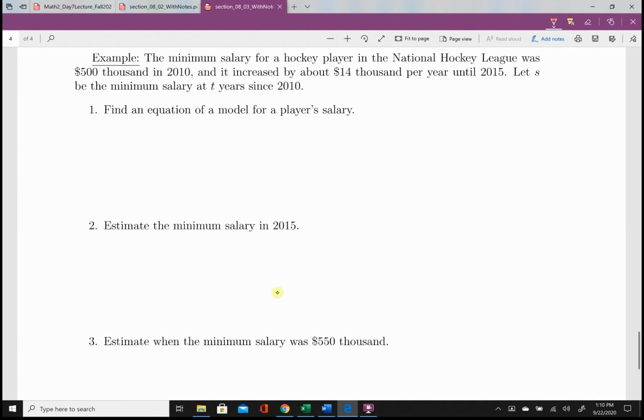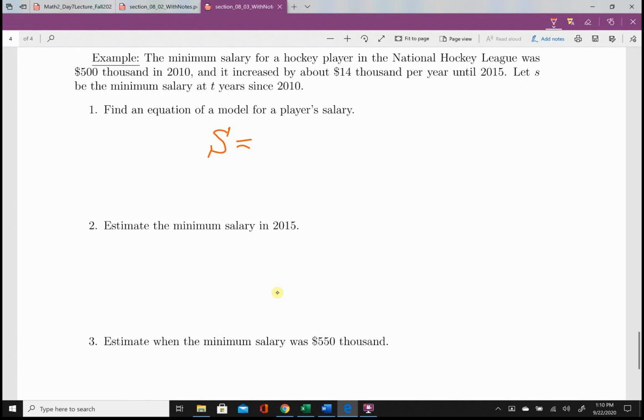Let's find an equation of a model for the player's salary. Like I said, S is going to be like the y, and that's equal to the slope, which is associated with the change per unit of time, or whatever is associated with the input variable. So that's going to be your 14,000.